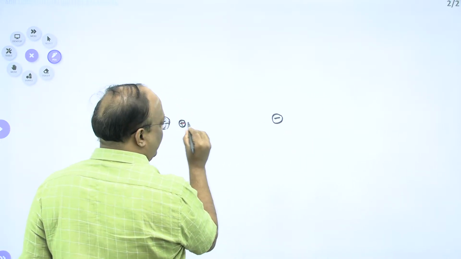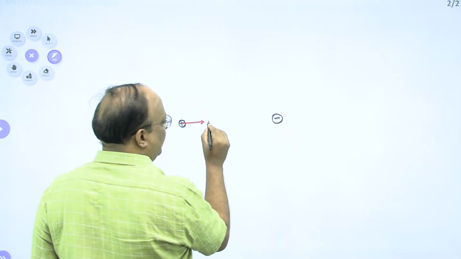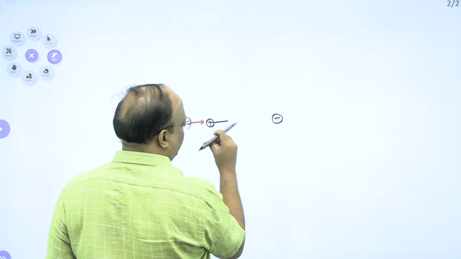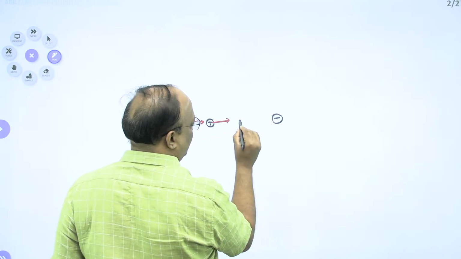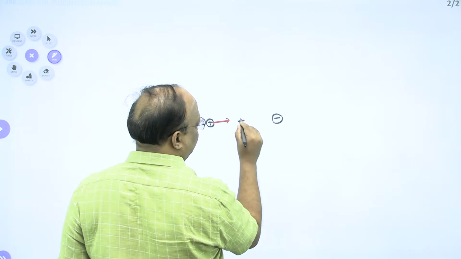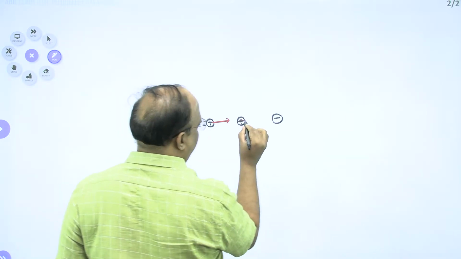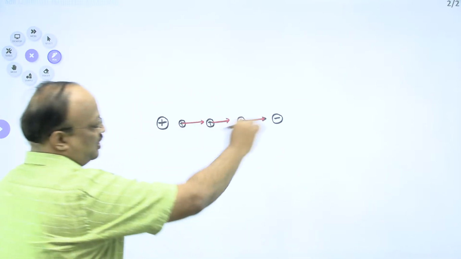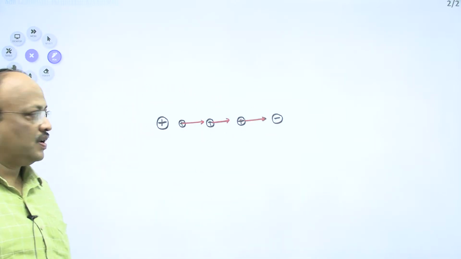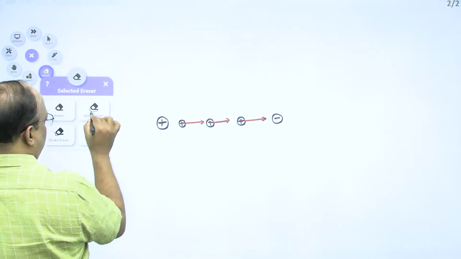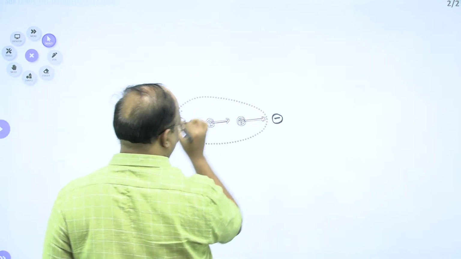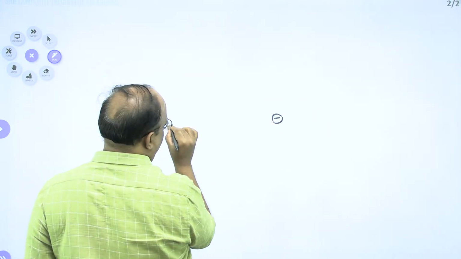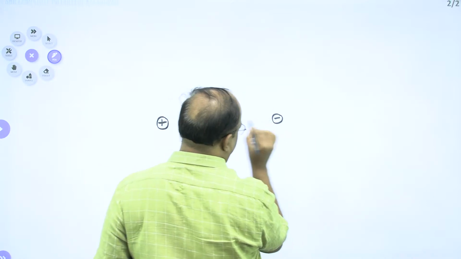So it starts to move in this way. When it comes to this point, this will be repelled and this will be attracted. So this path it will take. So one electric line of force will be from positive to negative.